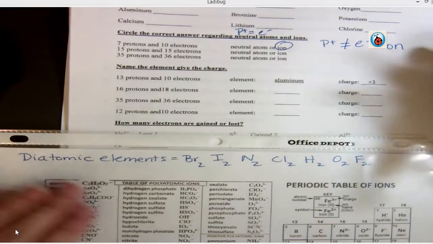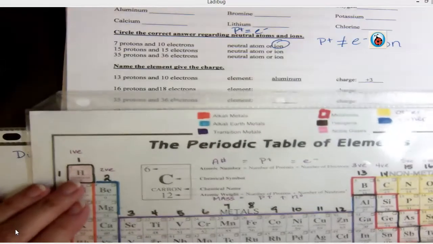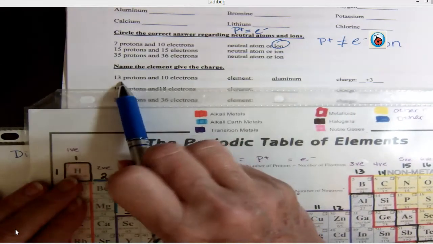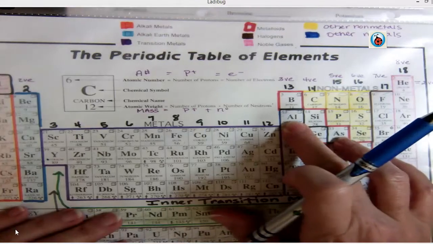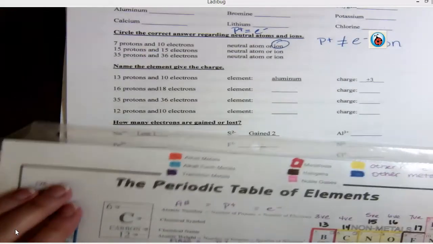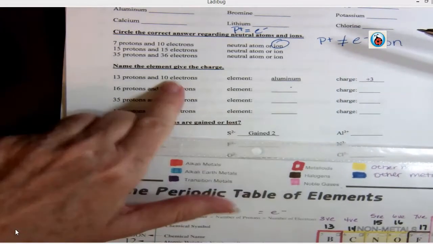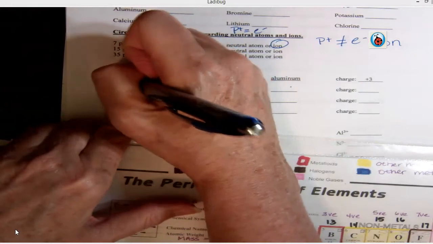Okay, name the element. How do I know the element? Because we know back here, protons equal the atomic number. So if I have 13 protons, I find atomic number 13. It's aluminum. What's the charge on my aluminum? Well, let's see. I've got 13 protons, so I've got plus 13.